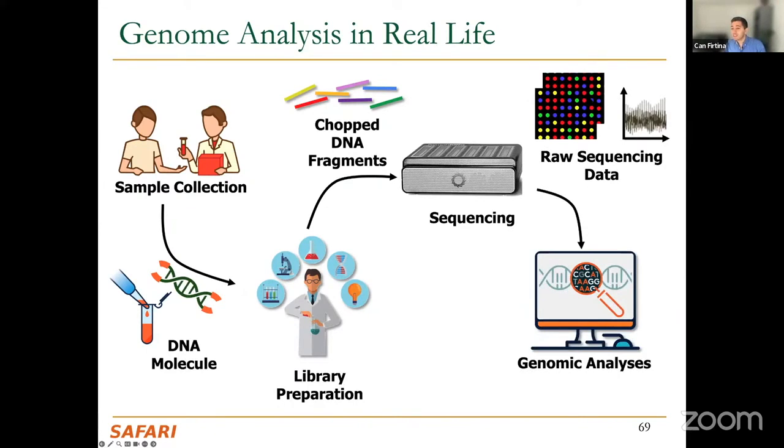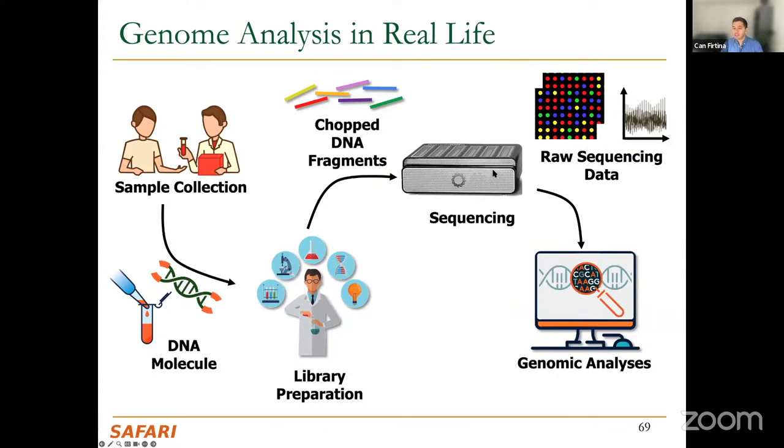So this data is not directly ATGCs, but rather some raw sequencing data. Such data can be electrical signals, or it can be a set of images or a movie, depending on how the machine is designed to work, right?